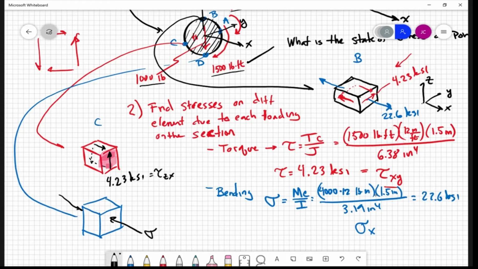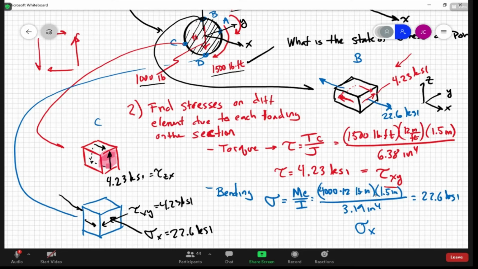It's going to be still a sigma X, and that is the 22.6 KSI. The shear stress at that is actually going to look a lot like what's at B, but it's going to be in the opposite direction. It's still a tau XY, but it's in the other direction, 4.23 KSI. So I didn't put a negative on it, but I put the arrows in the other direction, okay?